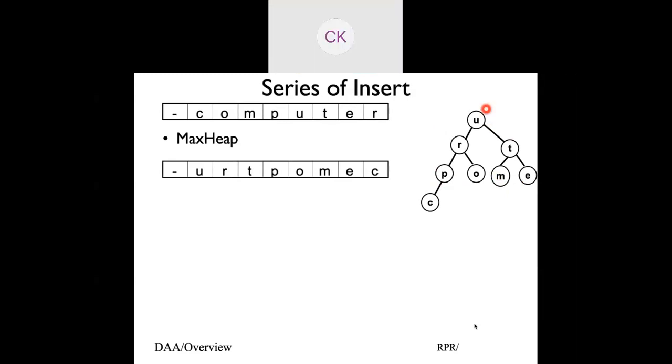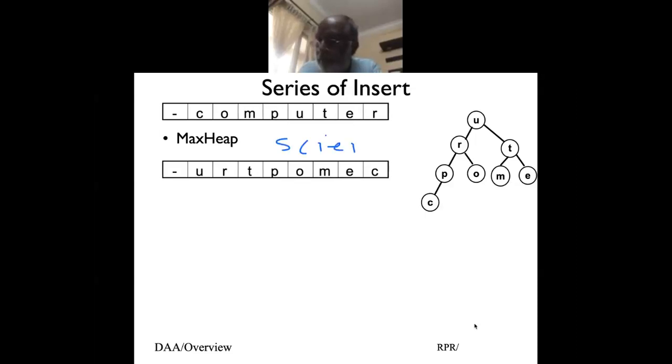In a max heap, at the top, U is bigger than R and T, R is bigger than P and O. Now I want to insert my letter from signs into this heap. How do I insert? Take the first letter S and add it to the end. So S comes here. Now check S with the parent. Is it satisfying the max heap property?